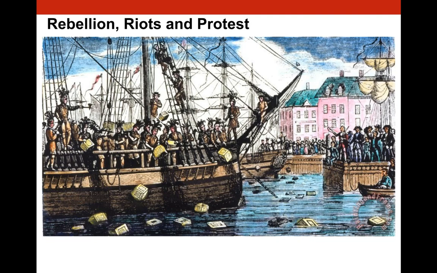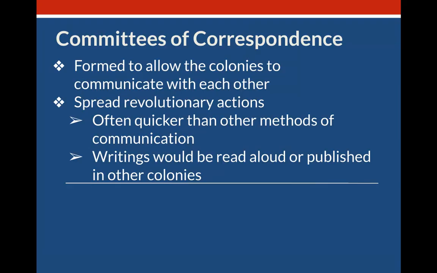Again, they were trying to make their own tea because they wanted to boycott buying English tea. So the American Revolution, sometimes it's violent, like the Revolutionary War is violent. But sometimes protests and riots are just happening in the background too. But there's this general wave of rebellion occurring in the colonies.